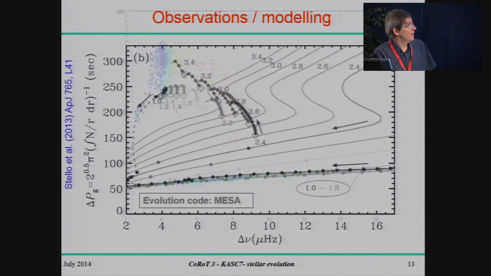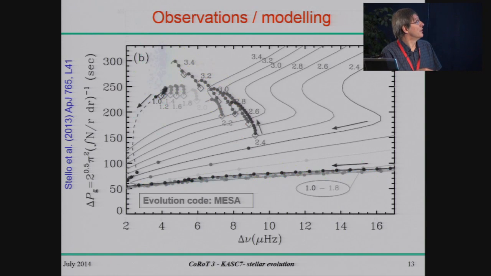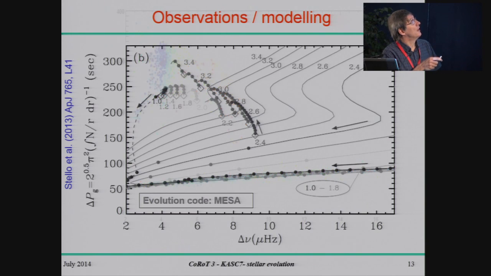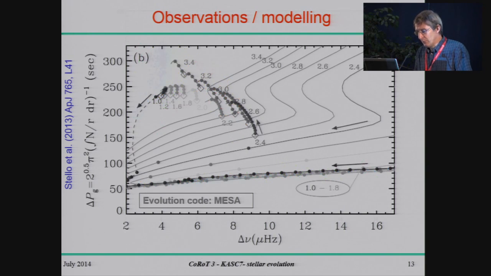And you see that the agreement on the RGB is perfect. You see that the exit of the clump fits well, but observed stars in the clump are there, not here. And the order in the secondary clump is not okay. So we can use this observed data for enhancing the properties of the models.